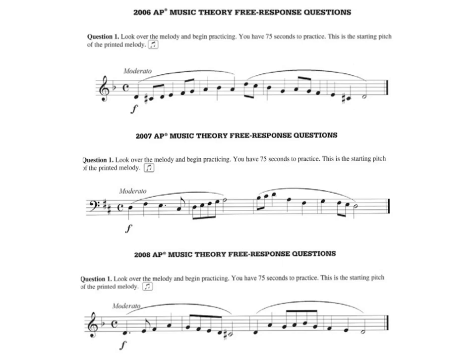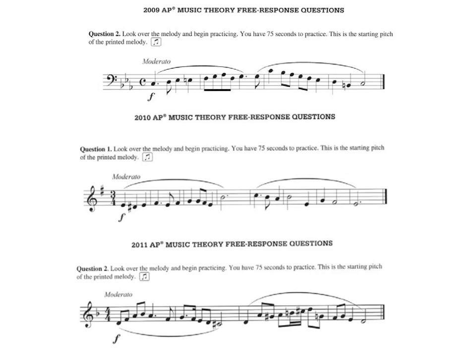Here are the sight-singing melodies from the 2006, 2007, and 2008 exams in simple meter. And again, take a look at the clef, key signature, time signature, starting and ending pitches, and any accidentals you may encounter.